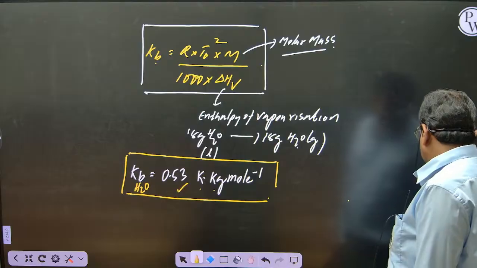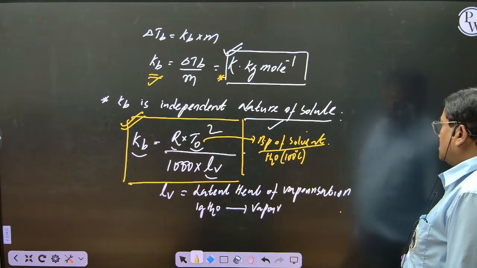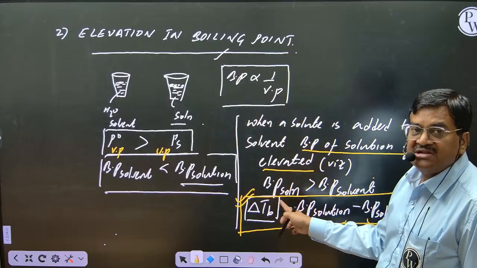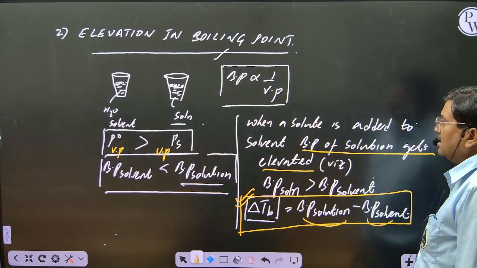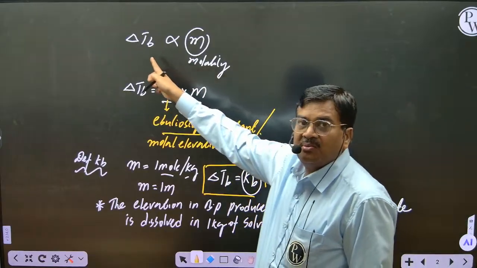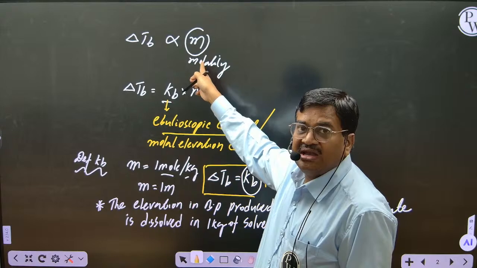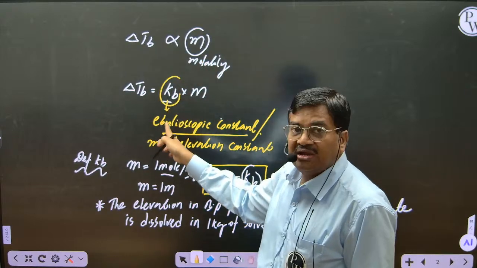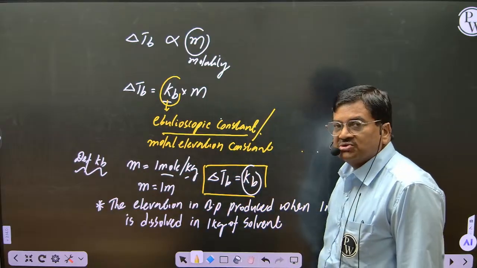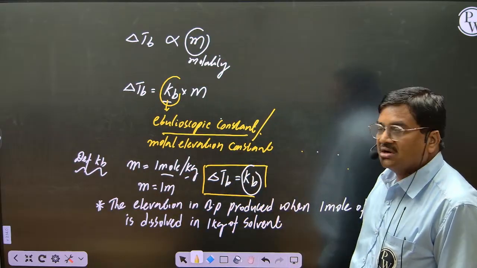Once again, let us see what we have learned till now. Elevation in boiling point is the difference between the boiling point of the solution and the boiling point of the solvent, and it is directly proportional to molality. To remove the proportionality, we multiply with a constant. That constant is called the ebullioscopic constant or molar elevation constant.